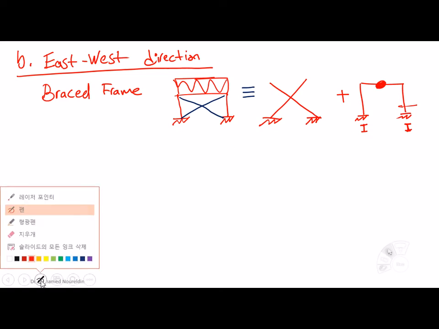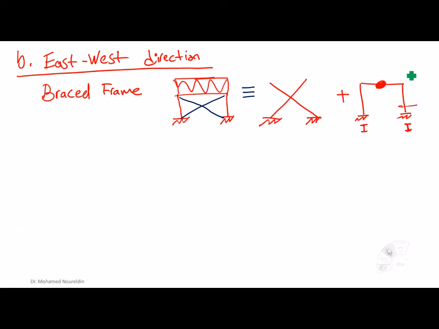So based on this, we are going to neglect the contribution of the columns, because the moment of inertia of their cross sections is small and not going to control the system.